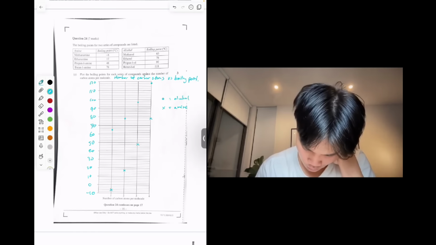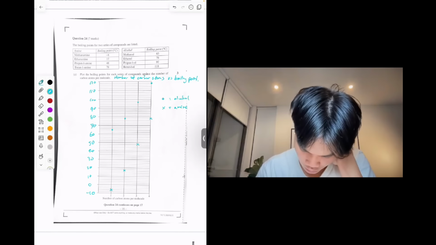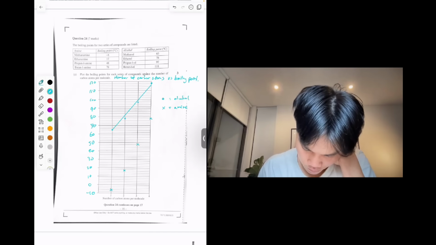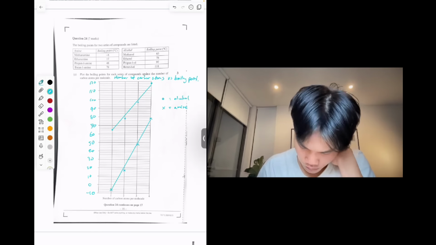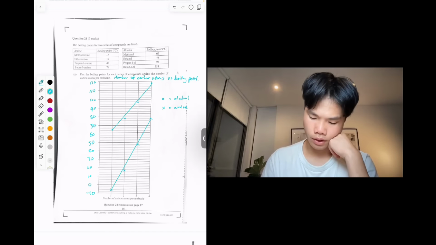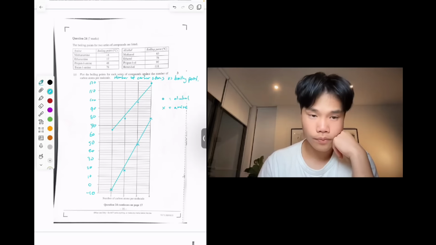And then I would include, looks to me like a linear relationship. So I'll include a, oh, no, it's not a linear relationship. I think it's pretty linear for the most part. I'll include these lines.